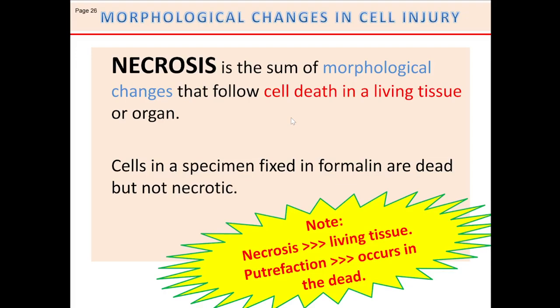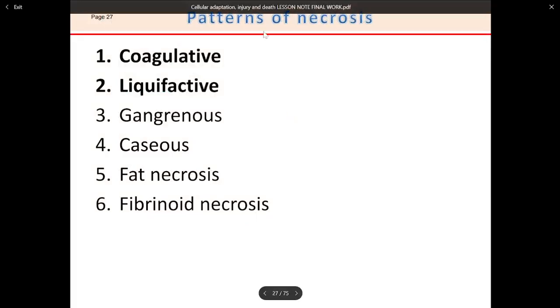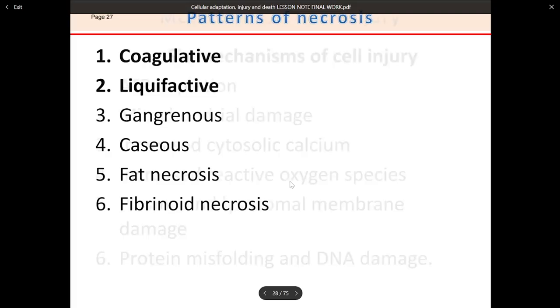When a cell dies, the changes that follow it, still within the living tissue, are known as necrosis. Now there are several patterns of necrosis, and these patterns include coagulative, liquefactive, gangrenous, caseous, fat necrosis, fibrinous necrosis.